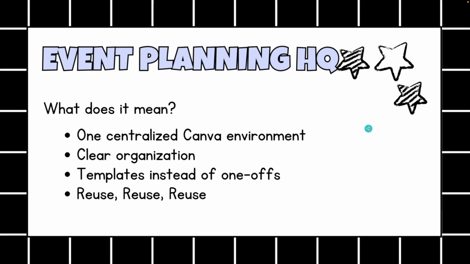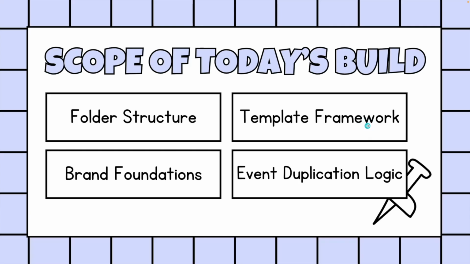So this is really the key behind creating this event planning HQ, and it's going to be the framework for everything we're going to be talking about in this series, all right? So let's move into today's build, which is focusing on these four key areas: the folder structure, the brand foundations, the template framework, and event duplication logic.